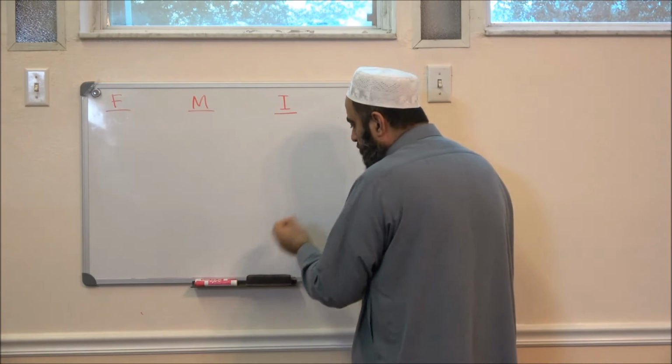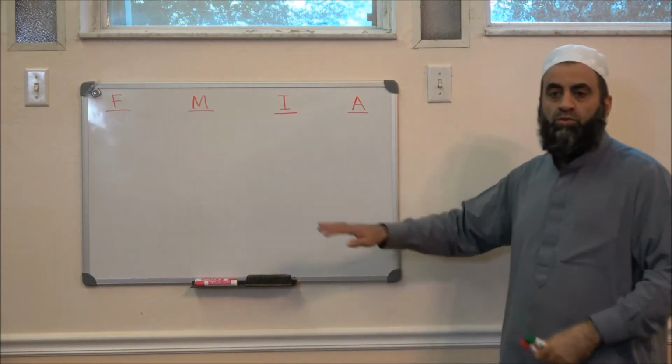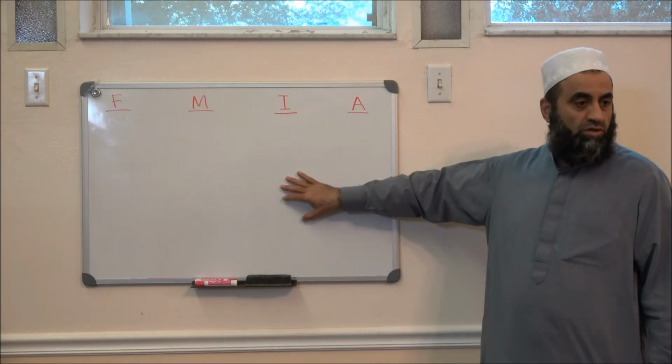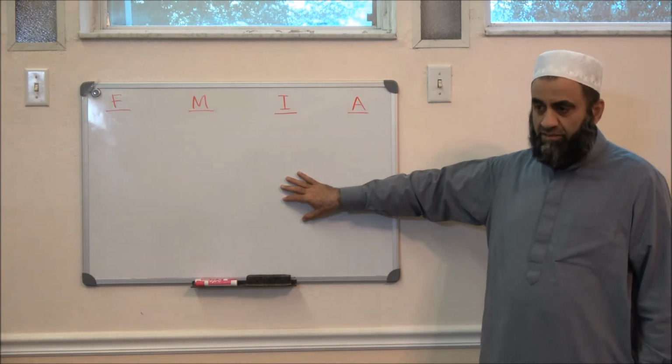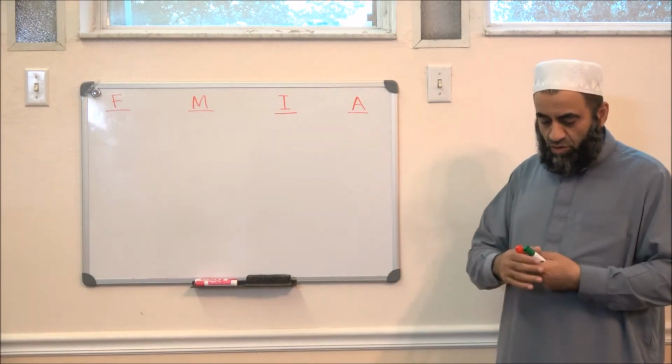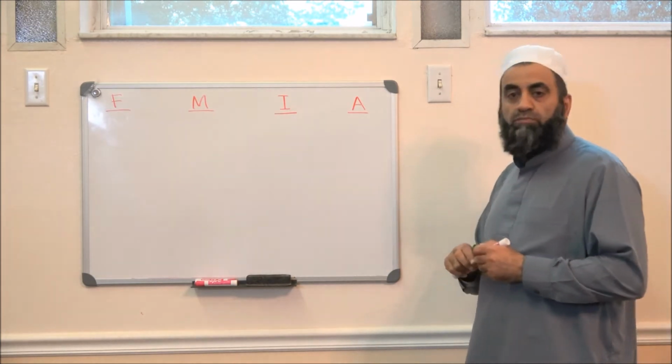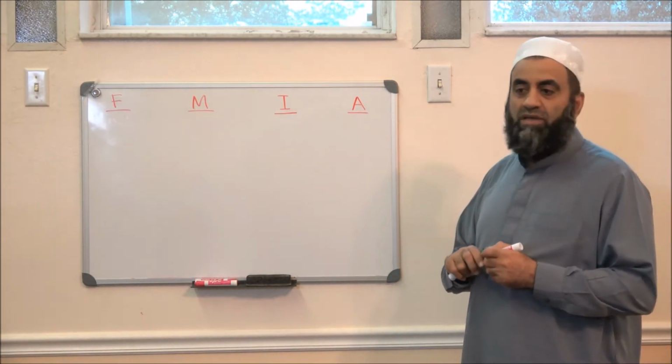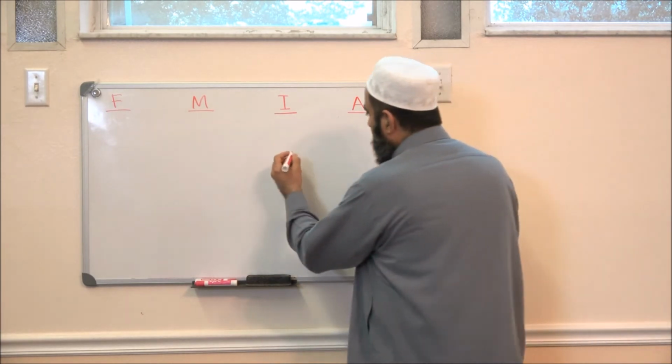Maybe before we go to the four letters, we can do a couple of words to practice reading from our bank. Okay? So how about the word pilgrimage to Mecca? Hajj.